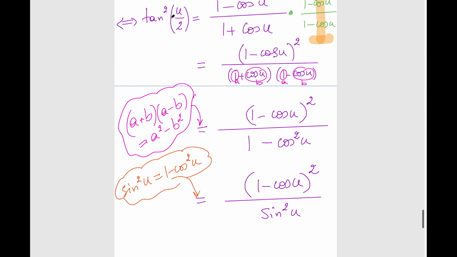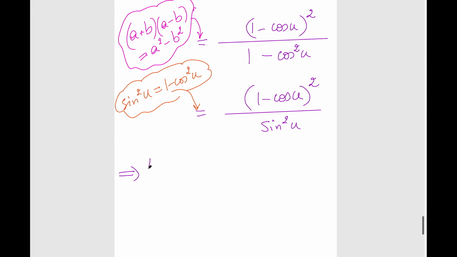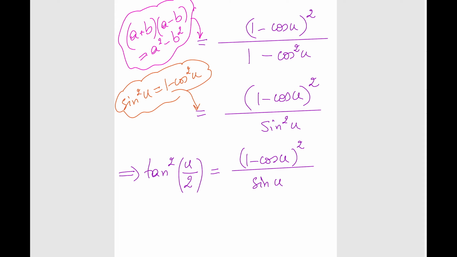Tangent squared of u over 2 is equal to this quotient. Let me summarize it. So we have tangent squared of u over 2 is equal to this quotient. So this quotient here, 1 minus cosine of u squared, over sine of u squared, right?